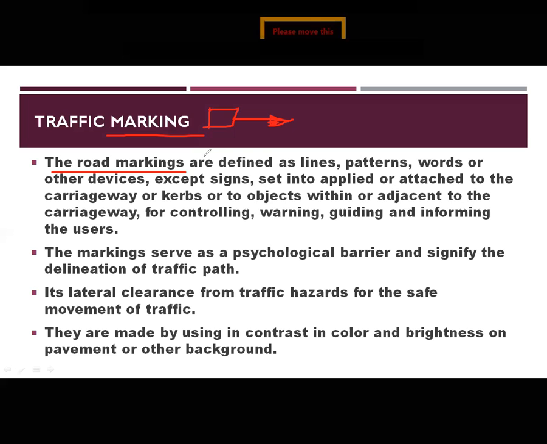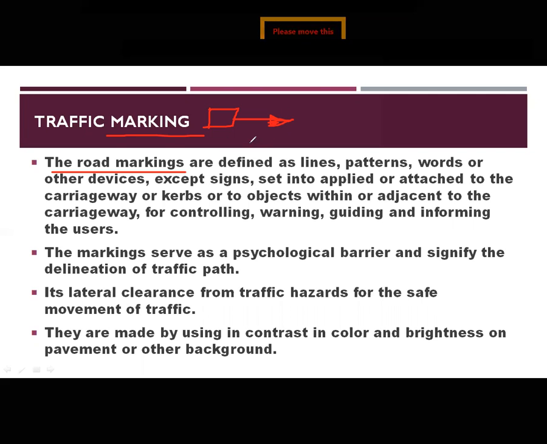So traffic markings provide a direction or a limitation to the vehicle traveling on that surface. If we properly follow those marking symbols, it will be easy for all the vehicles crossing. So markings are important.